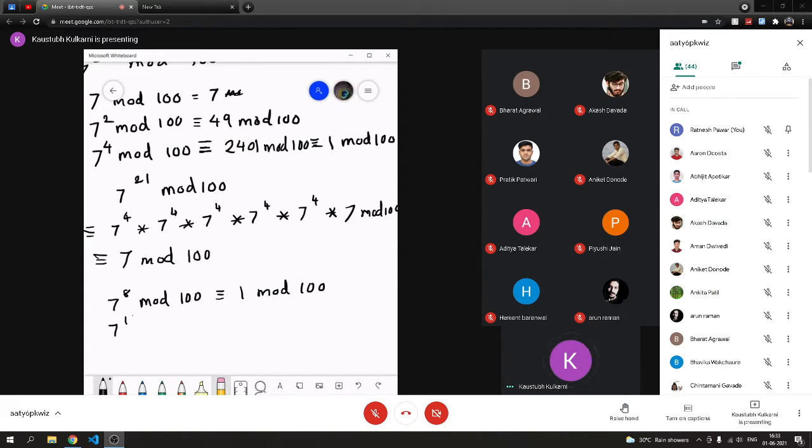So 7 raised to 16 mod 100 is congruent to 1 mod 100. And then we could say that 7 raised to 21 is equal to 7 raised to 16 plus 4 plus 1. That is 7 raised to 16 into 7 raised to 4 into 7 mod 100. So this is congruent to 1 mod 100, this is congruent to 1 mod 100, and this remains.